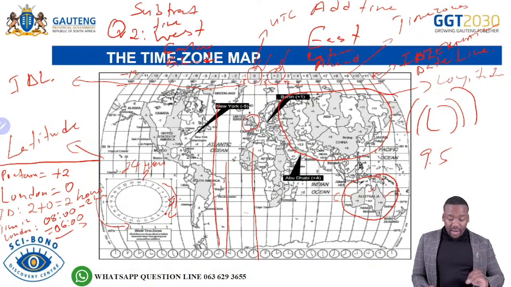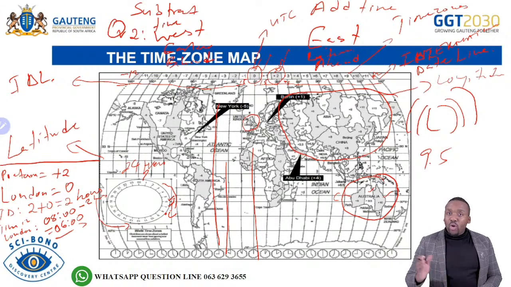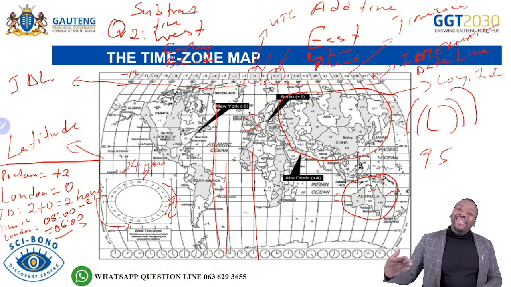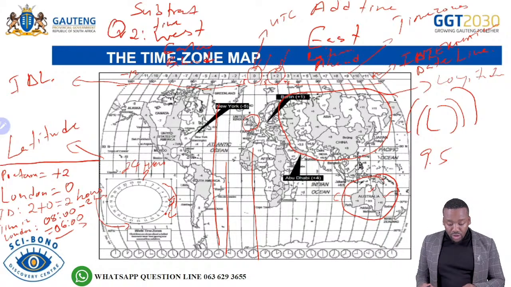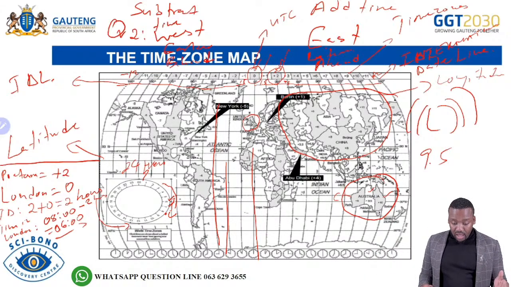Then step 3, we calculate time by either subtracting or adding again. If our unknown time is on the right, on the east, then we add. If our unknown time is on the left or on the west, you subtract the time difference.